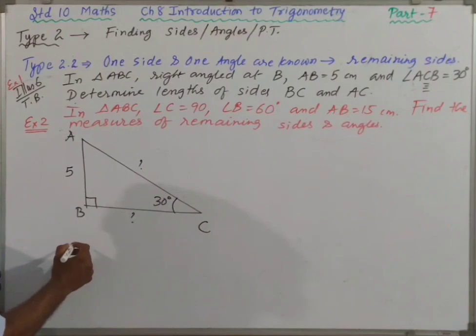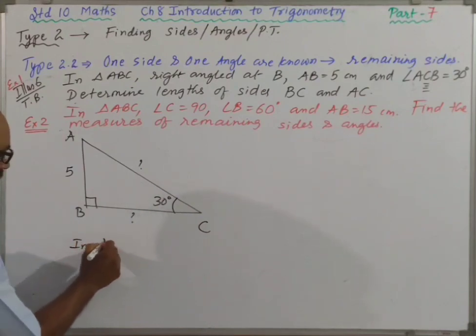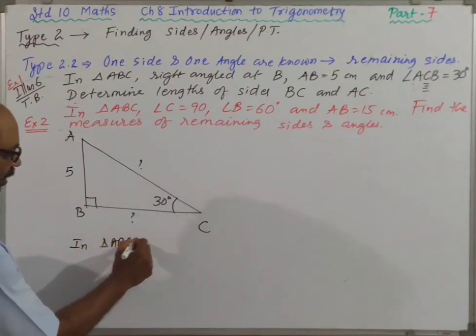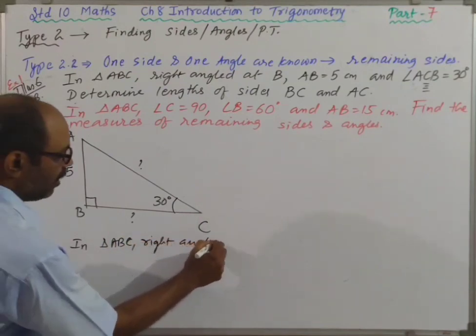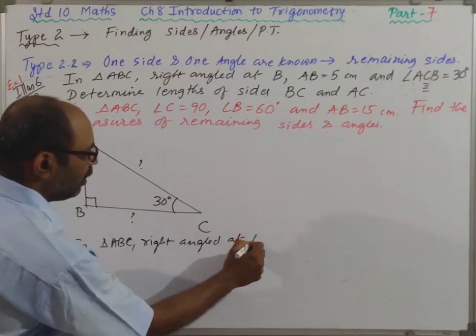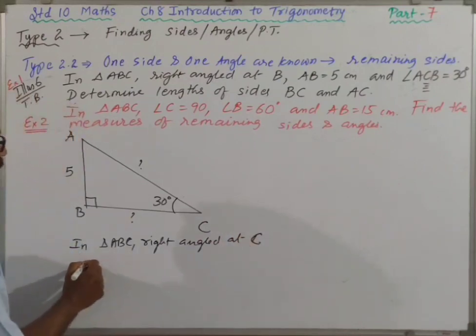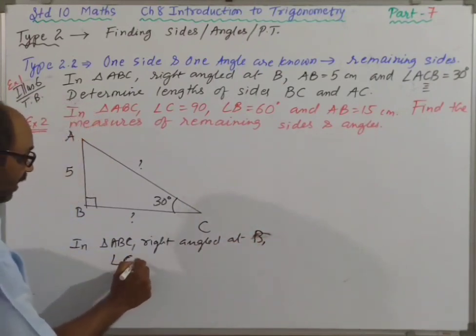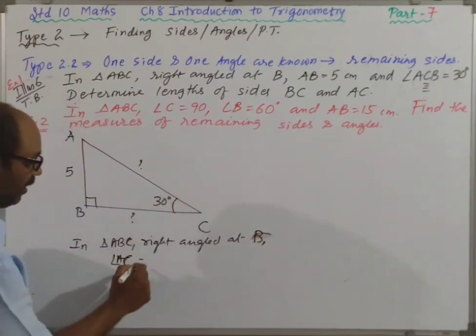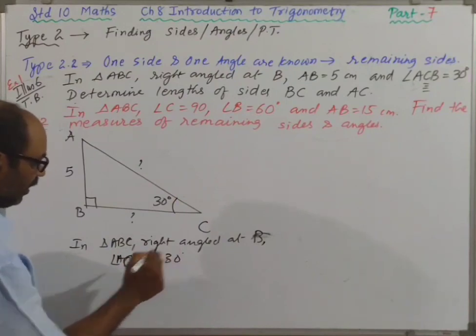So I'll start with that only. In triangle ABC, right angled at B, angle C or ACB is equal to 30 degree.